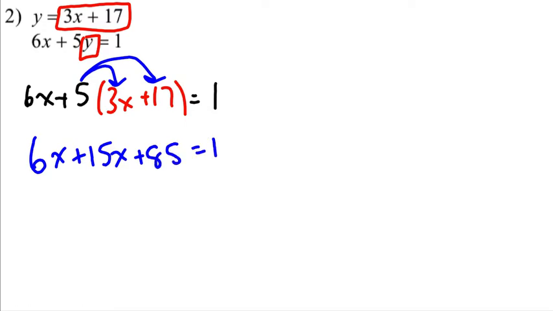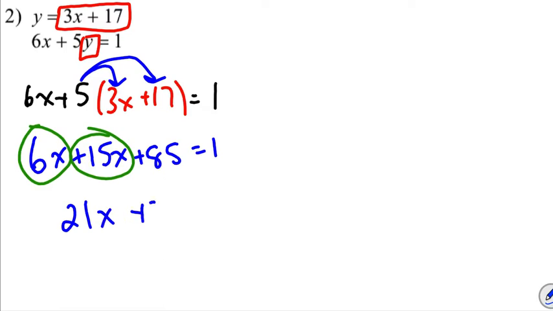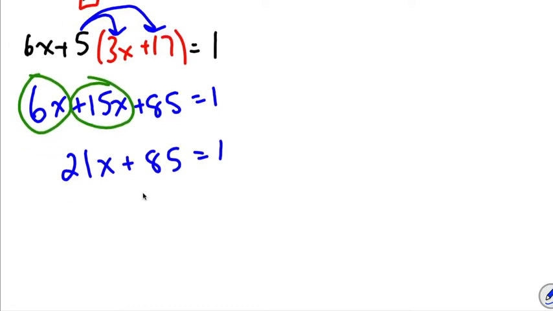Okay, next, we will add our like terms. 6x plus 15x is 21x. Plus 85 equals 1. This is a plus sign here, and it kind of looks funny. Let me fix that. Plus 85 equals 1. All right, next, move the number that does not have a variable. So move the 85.